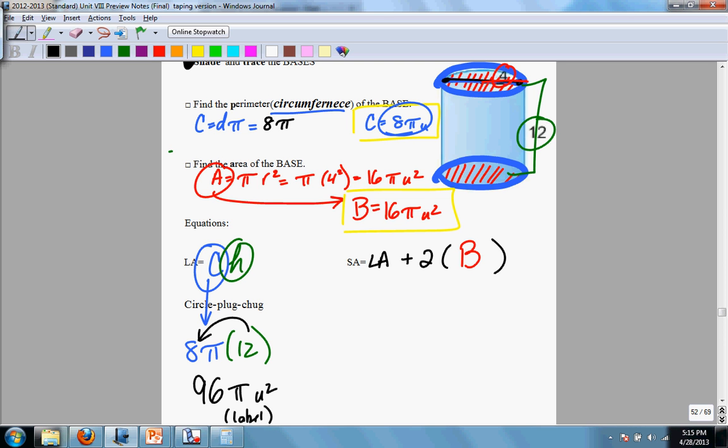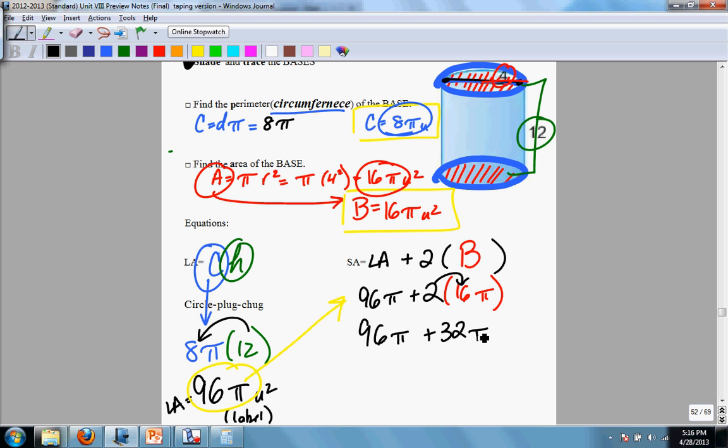Okay. Now surface area, that's LA equals. Surface area is the lateral area, so we're going to bring this over. So we have 96 pi plus 2 bases, which we pick up, is 16 pi. 2 times 16, I have 96 pi plus 32 pi.